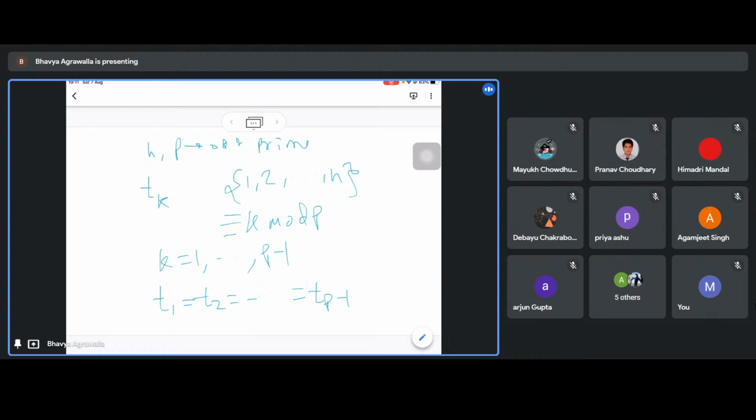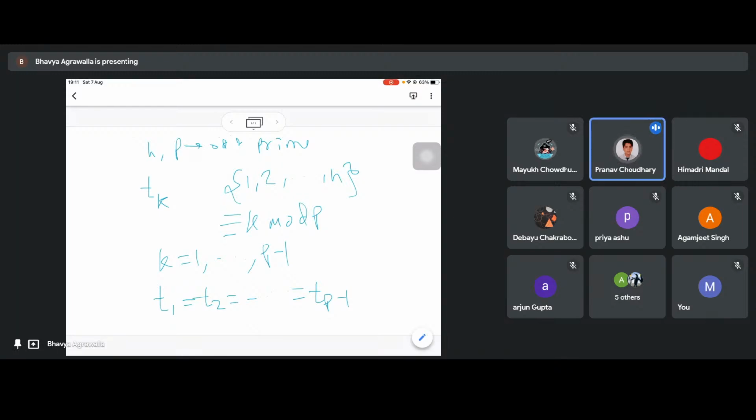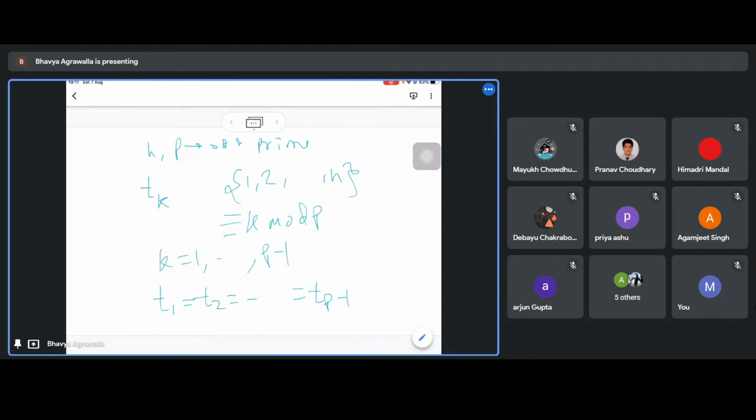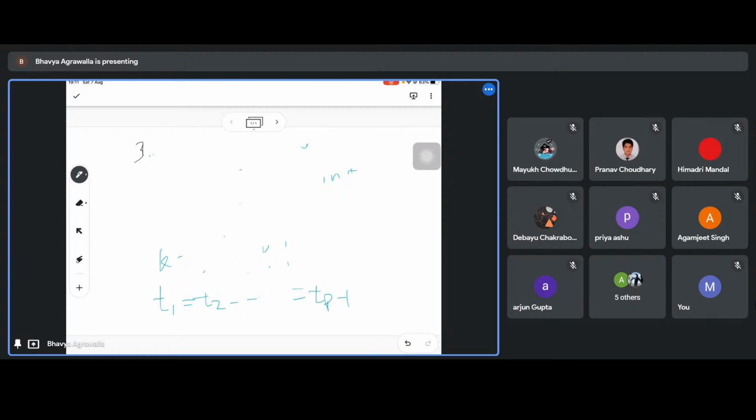The problem statement is clear to everyone, right? If you have any doubt in the problem statement, you can ask. Can you just explain what is a transposition? Suppose you have the permutation, let's say 3, 2, 4, 1. This is a permutation of 1, 2, 3, 4. A transposition is any pair which is inverted in the permutation.